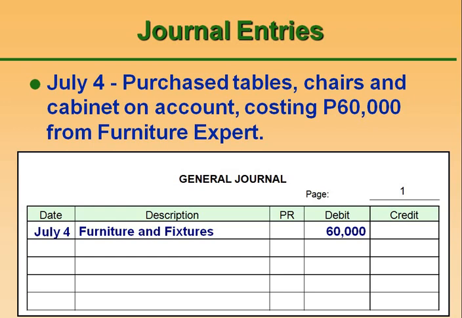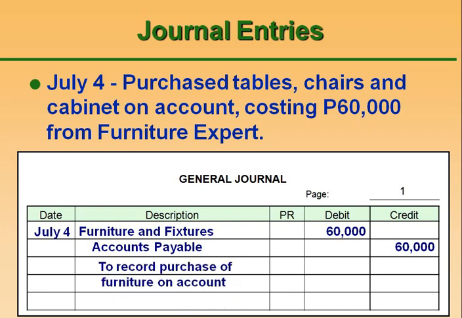But what kind of liability should we credit? It says here, on account. So, accounts payable should be credited. Then, explanation. To record purchase of furniture on account.